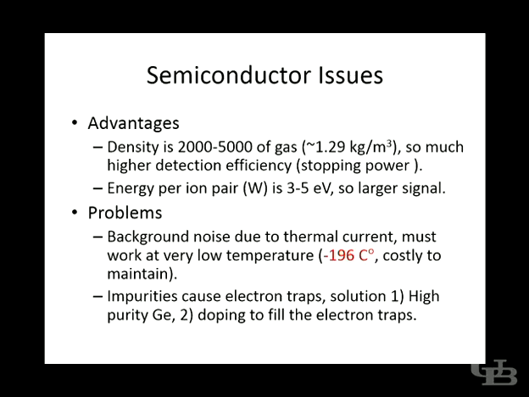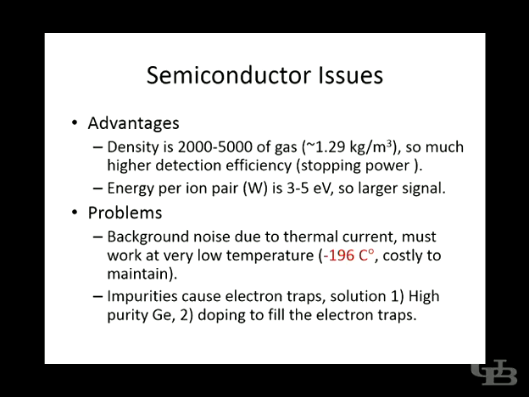Density means there are more atoms, nuclei, and electrons in the way of the photon to interact and produce ionization charge for collecting the signal. So that's one advantage. You have more probability to collect the interaction and signal. Also the atomic number Z is a couple times higher. A higher atomic number means there are more electrons.